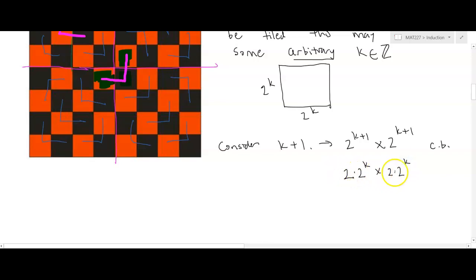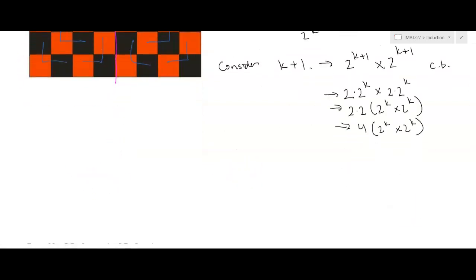And if I rearrange this as just four numbers being multiplied together, you can see that if I bring the two individual 2's out front and just leave this as a 2 to the k times a 2 to the k, then I basically have 4 2 to the k by 2 to the k boards.